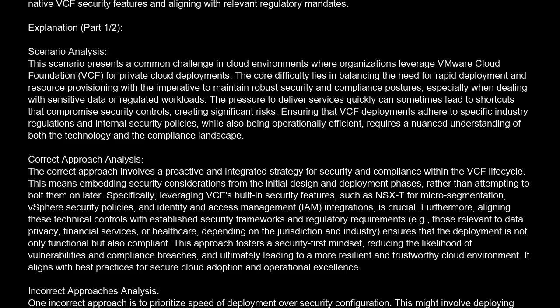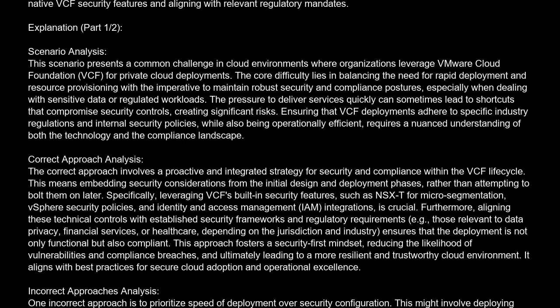The correct answer is D. Implementing a comprehensive security and compliance framework integrated throughout the VCF lifecycle, leveraging native VCF security features, and aligning with relevant regulatory mandates. Explanation. Scenario analysis. This scenario presents a common challenge in cloud environments where organizations leverage VMware Cloud Foundation, VCF, for private cloud deployments.